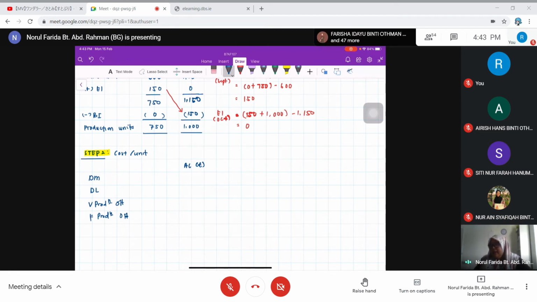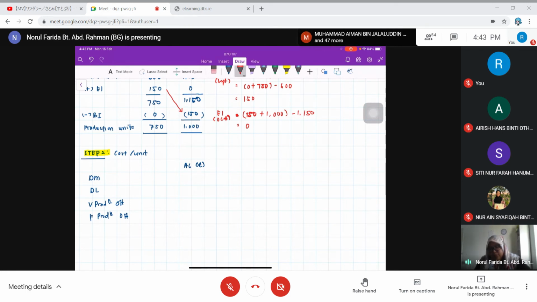Okay, bukan tak ada. Dia bagi variable production cost 8 per unit. Okay, nampak perkataan tu dekat first paragraph. Variable production cost 8 per unit. Variable production cost tadi dalam slide tu is your direct material plus direct labor plus variable production overhead.